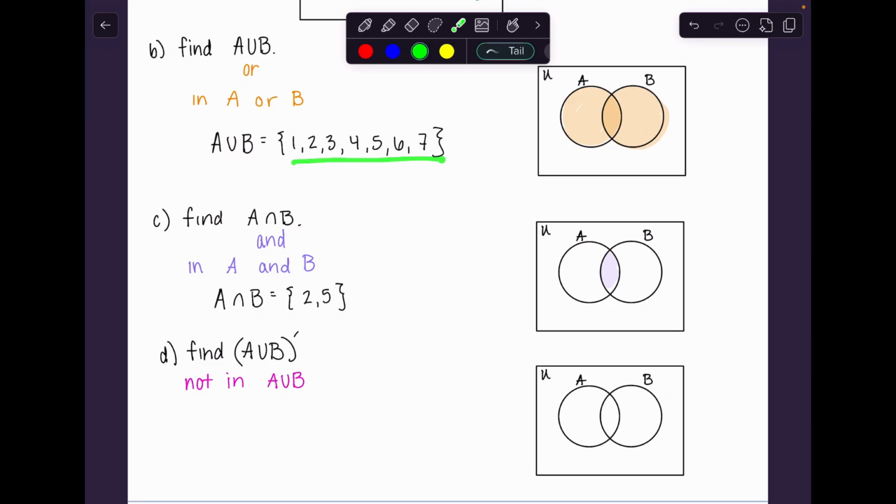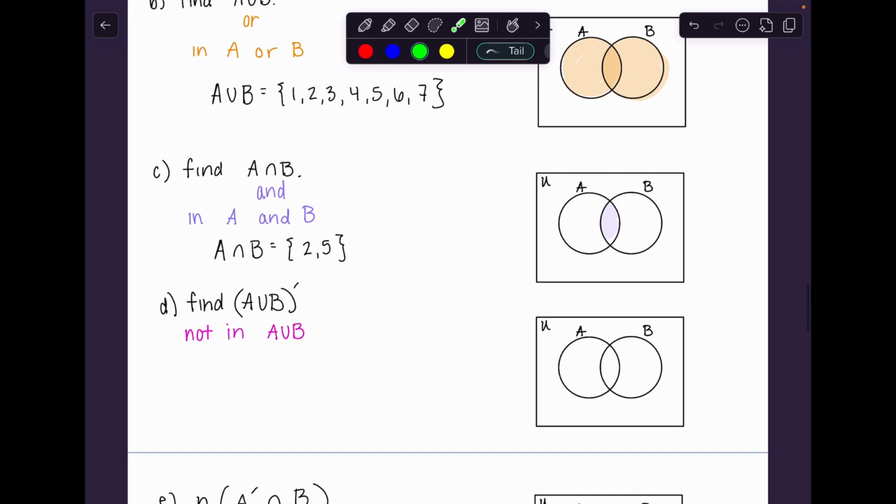Here's the union. The only thing not in there is the number 8. But if I want to use pictures to help me out, my union is this. When I go to find the complement of the union, it's everything I didn't shade. So it is solely the outside.